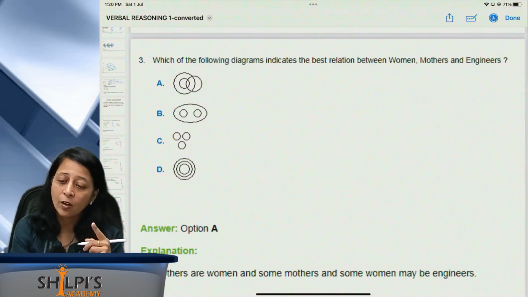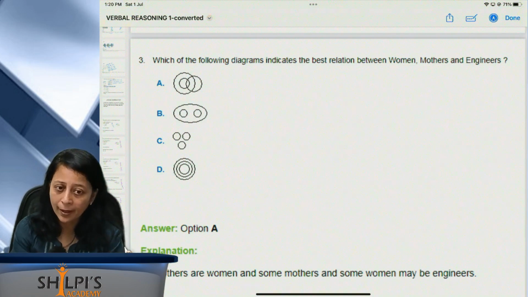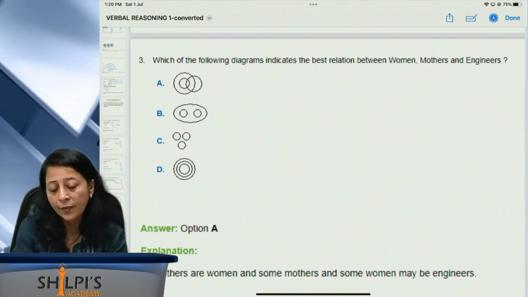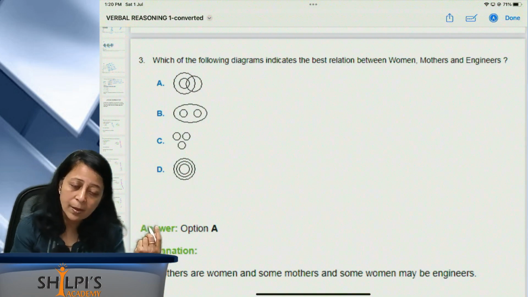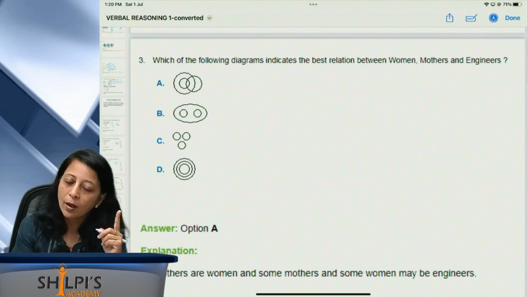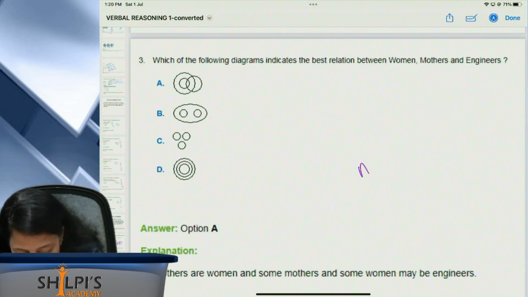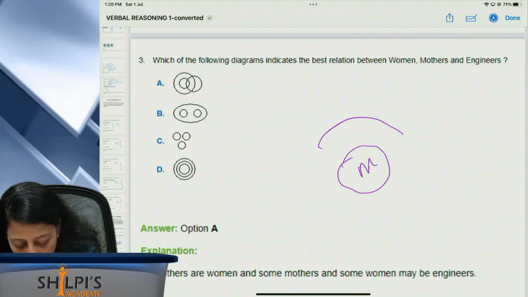You cannot tell all the women are mothers, because there are people who are married or who are not married, so they cannot be mothers. Even though they are married, some people are not mothers also. So all the women cannot be mothers, but all the mothers are female, so they are women. Okay? All the mothers are women.